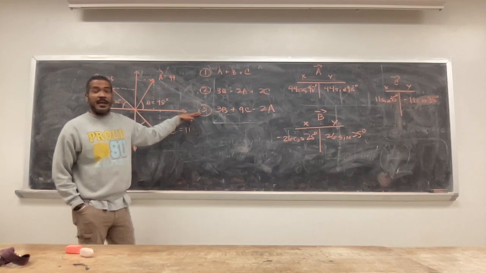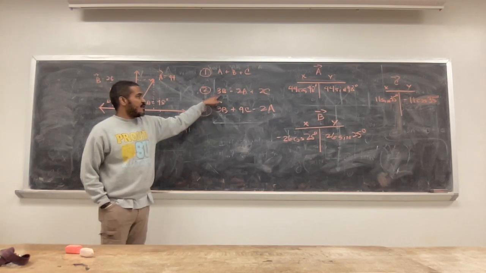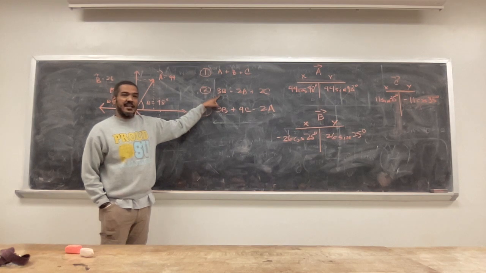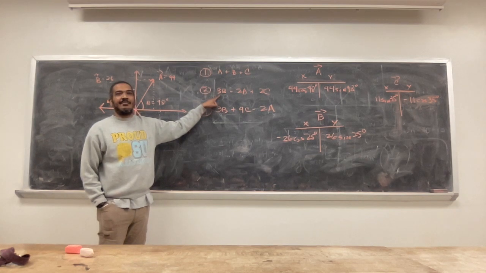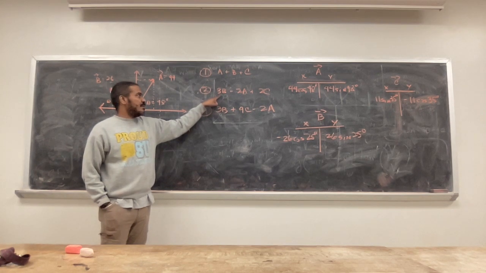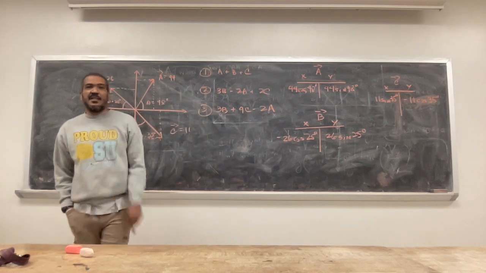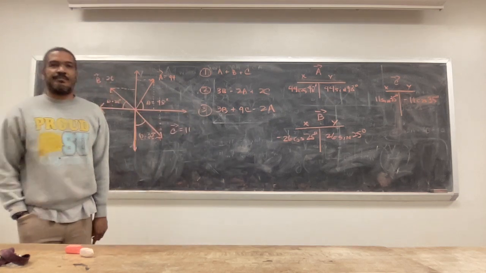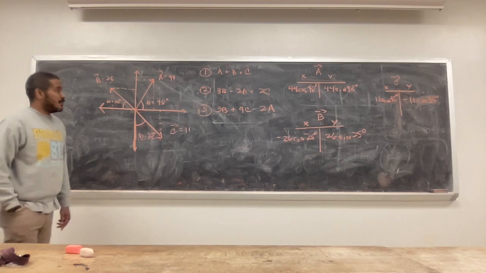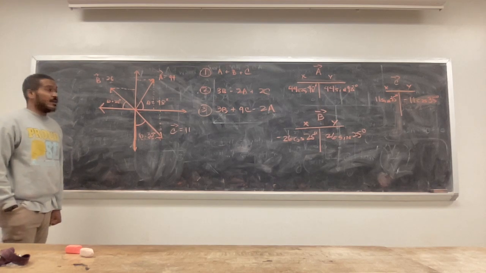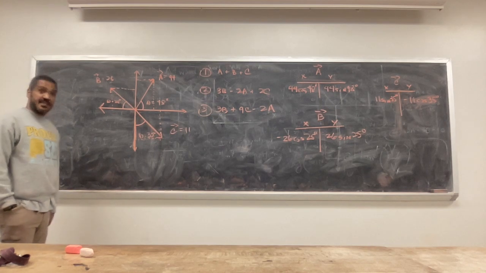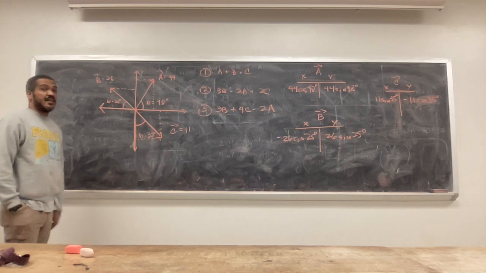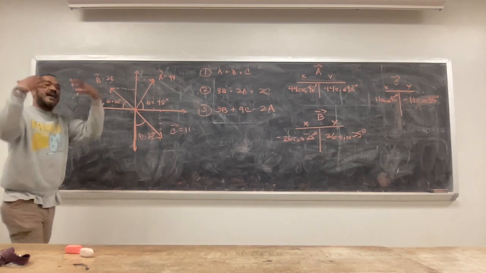When you see a coefficient outside of the vector like that, that just means we multiply the number times each component. You multiply the 3 by the x and y component of B, and the same for the 2 times the x and y component of A, because the x and y components make up A.